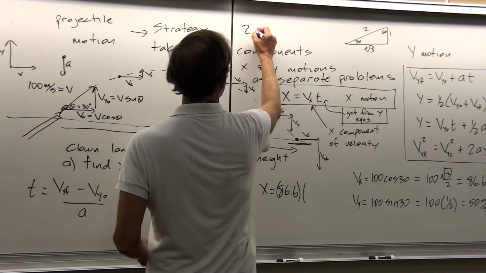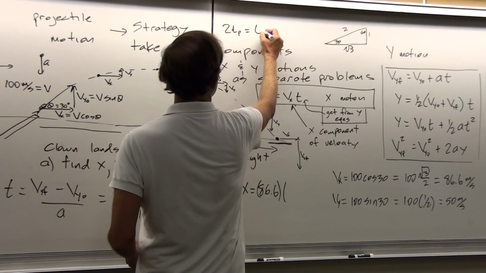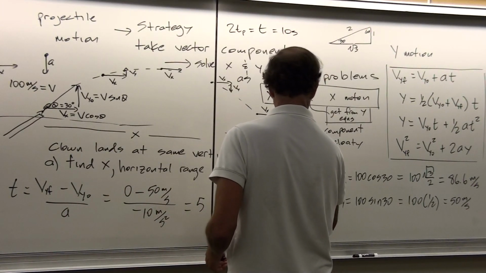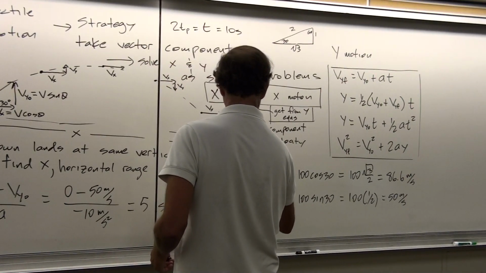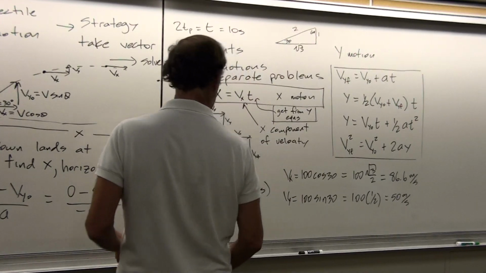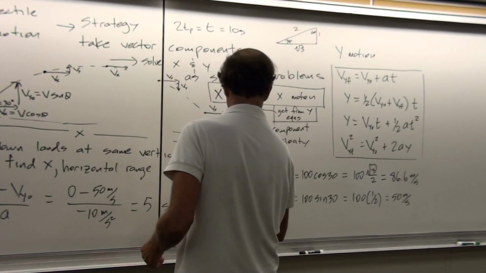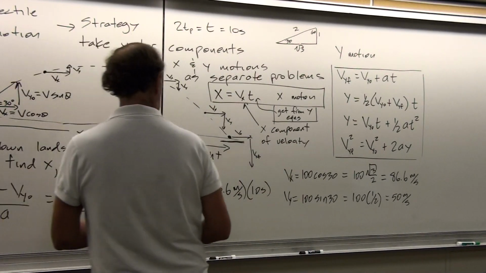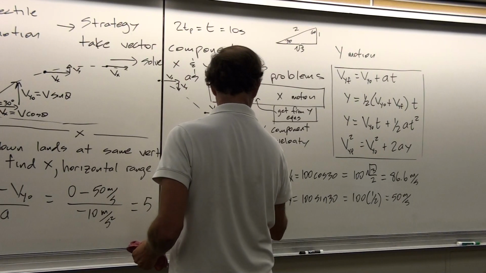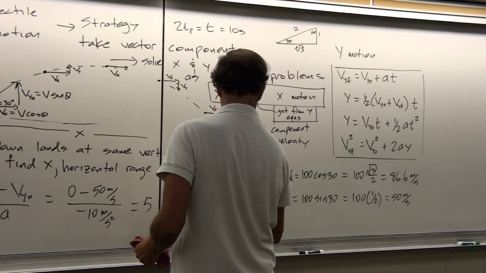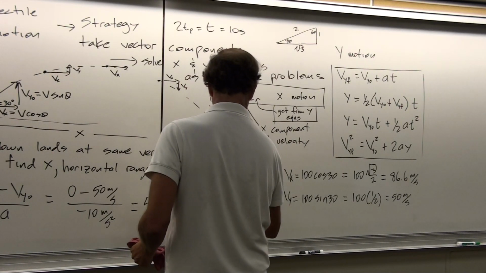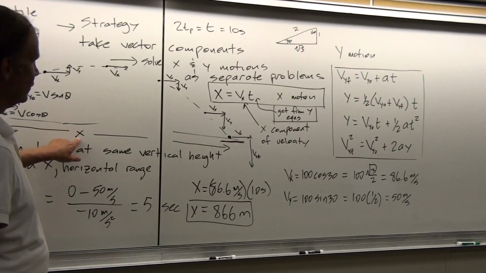And so 2 times t to the peak is equal to t total. So that would be 10 seconds. So it's 10 seconds that goes in here, not 5. So that gives us then 866 meters. So that's something like half a mile, pretty significant distance. So that's our horizontal range.